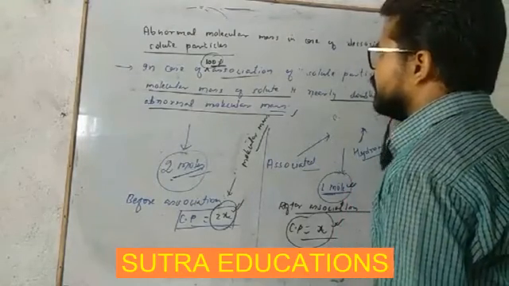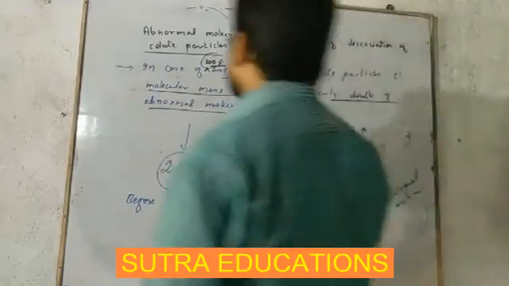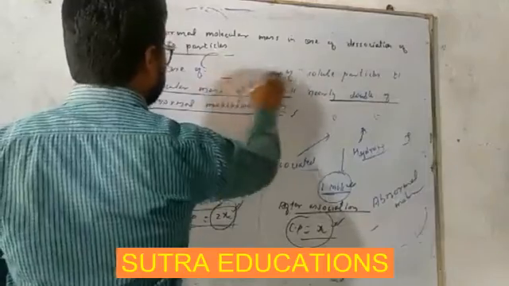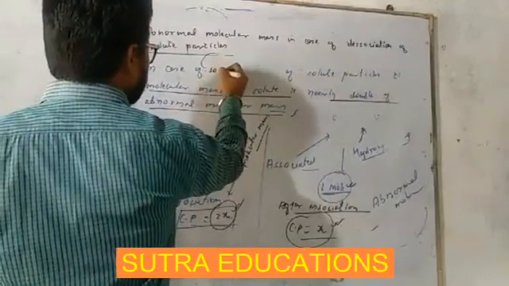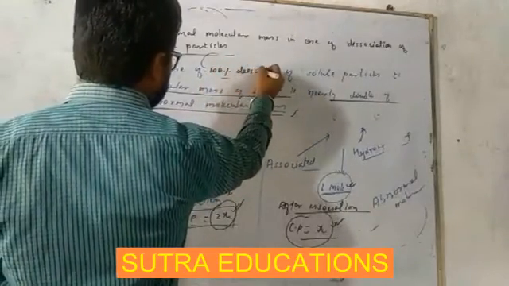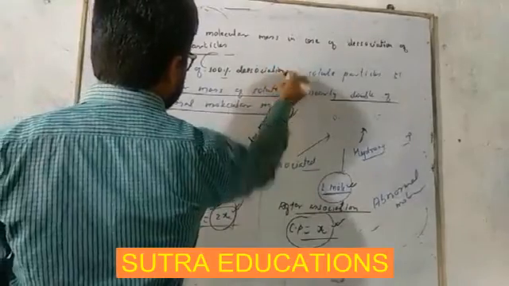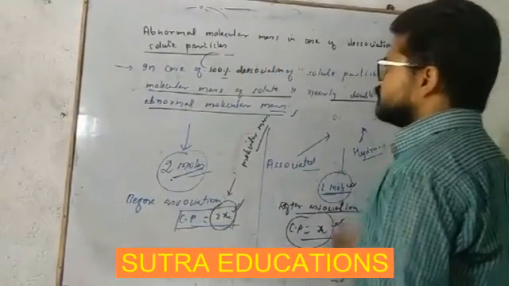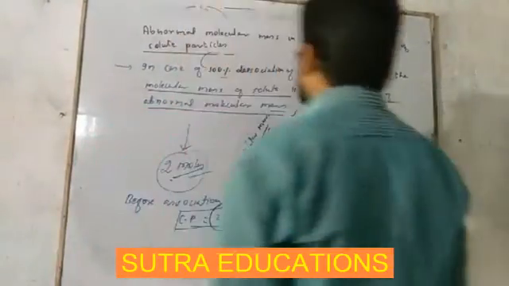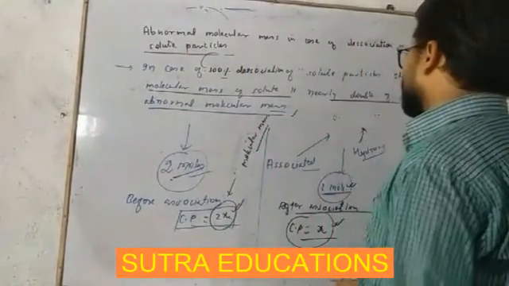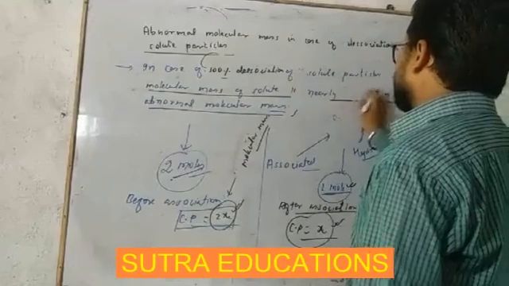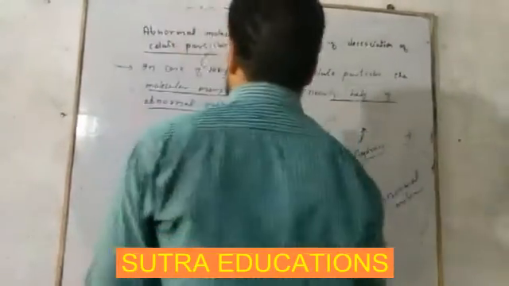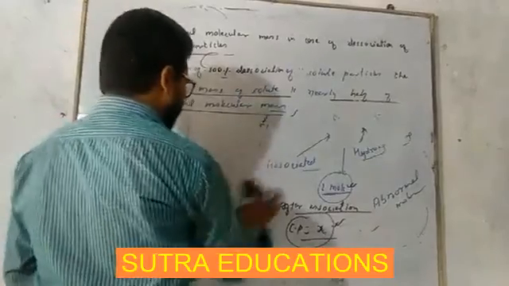This time we will write, in case of say 100% dissociation of solute particles, the molecular mass of solute is nearly half. This time it will get nearly half of the abnormal molecular mass. Getting this now? Why is this happening?